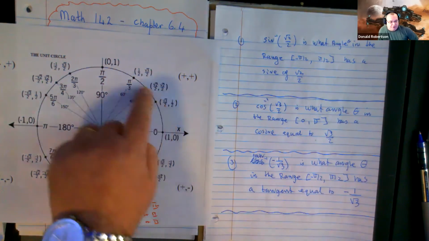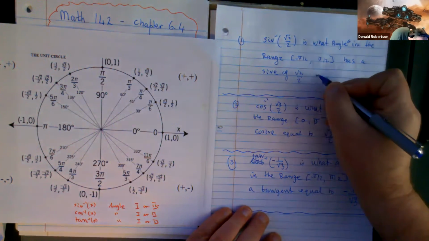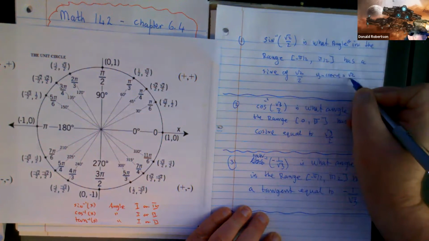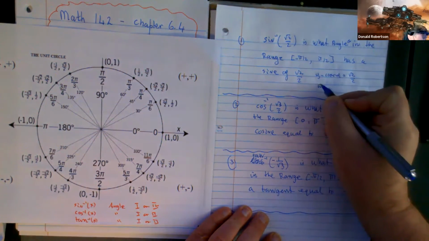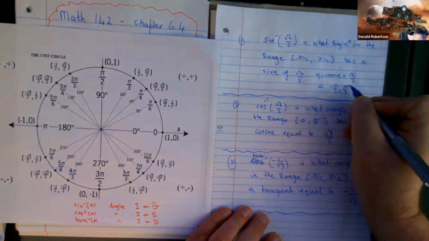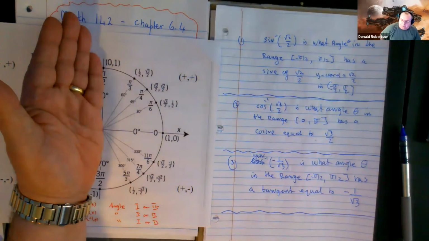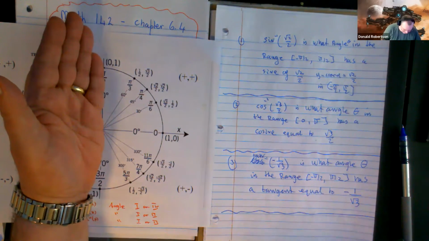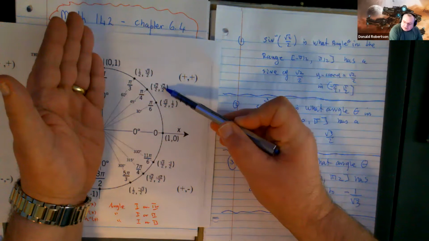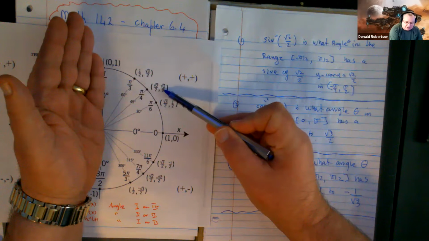So I'm going to look at my unit circle. I'm going to look for y coordinates that are equal to that guy, but they have to be between negative pi upon 2 and pi upon 2. So essentially they have to be here, right? So as I go hunting for it, y coordinates of root 2 upon 2, would you agree that one has a y coordinate? And that angle is pi upon 4. Agreed? Right.